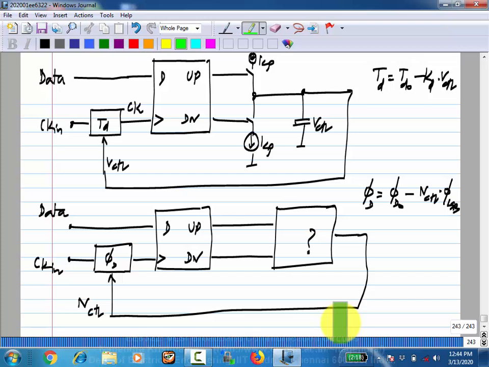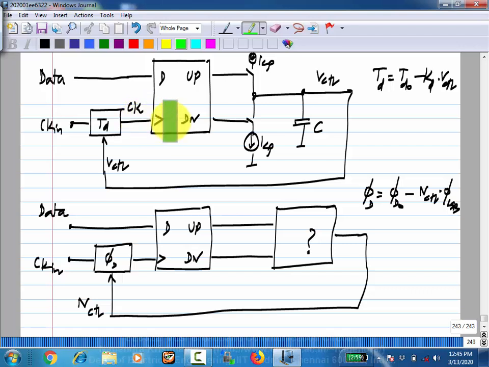So first, how do you compute phi LSB? What should you do? Essentially you want to make sure that in response to a single up signal, this phase gets shifted by a certain amount.